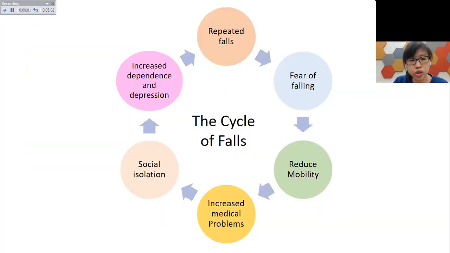So why are falls so debilitating? It's debilitating because it involves a vicious cycle of falls, where repeated falls, as defined by 2 or more falls over the last 12 months, results in the fear of falling.